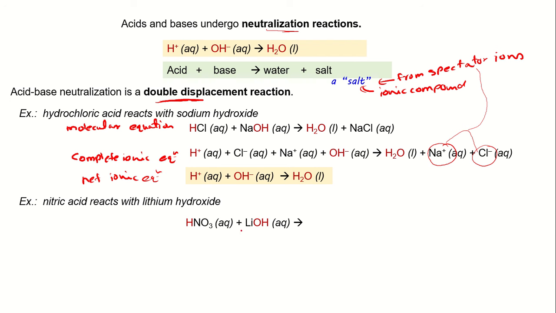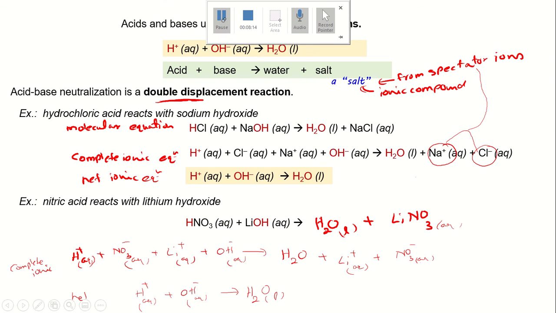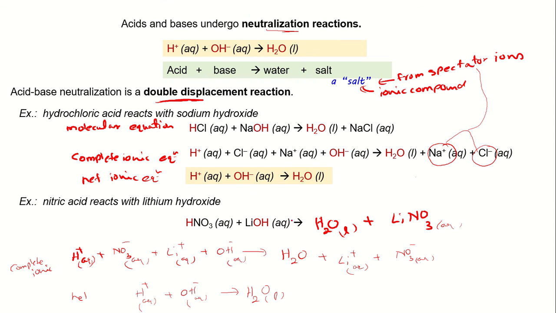Now go ahead and write the equations for this given reaction between nitric acid and lithium hydroxide. Alright. So for this second equation, recall that these are double displacement reactions.